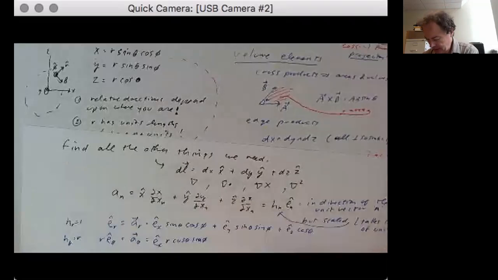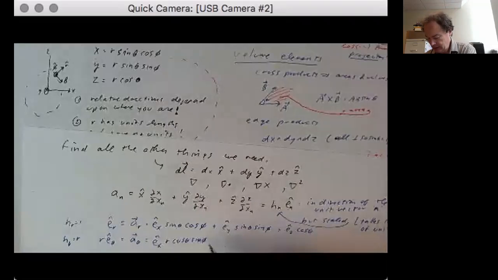Okay, so it should be cosine theta cosine phi. Sorry about that.